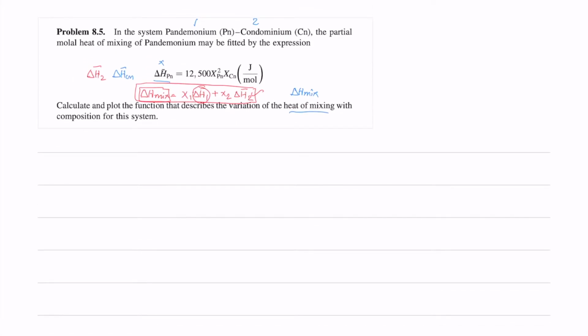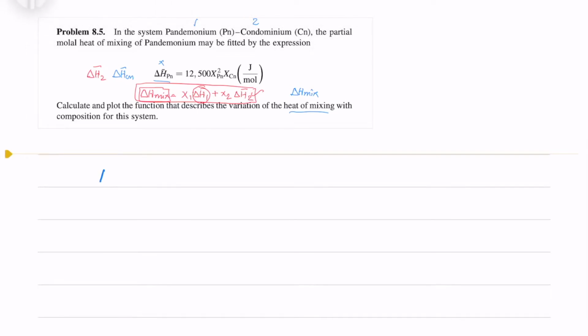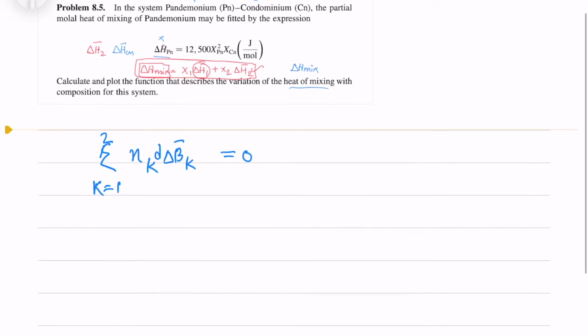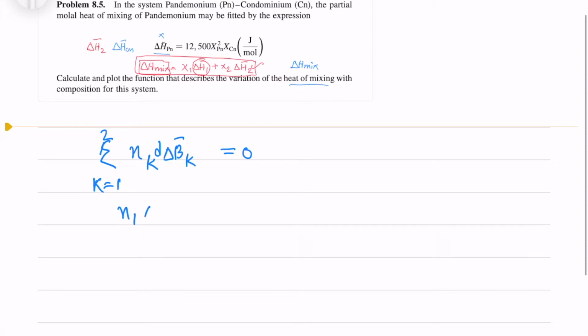From the Gibbs-Duhem equation, the summation over components from 1 to 2 of nk times d of the partial molar property is 0. Expanding this, we have n1 d b1 partial property plus n2 d b2 partial property equals 0.